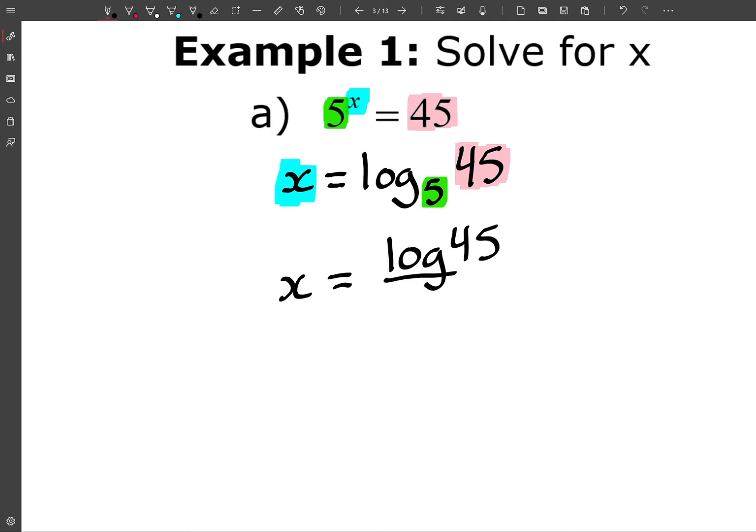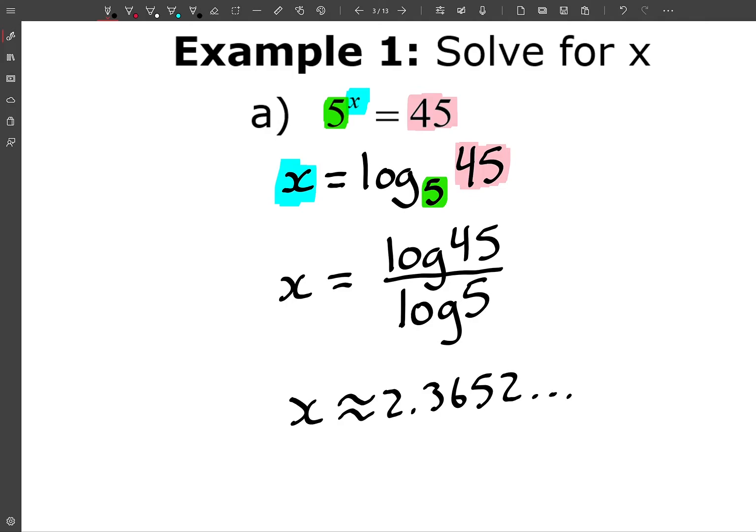But if I wanted to, and if I happen to have a really old calculator that doesn't have a log base function, like I have a classic TI-83, then I can use this system where I can just do log of 45 divided by log of 5. And that would be approximately 2.3652, which I care less about because, again, I don't care about calculators. It's this part at the beginning that I care about.